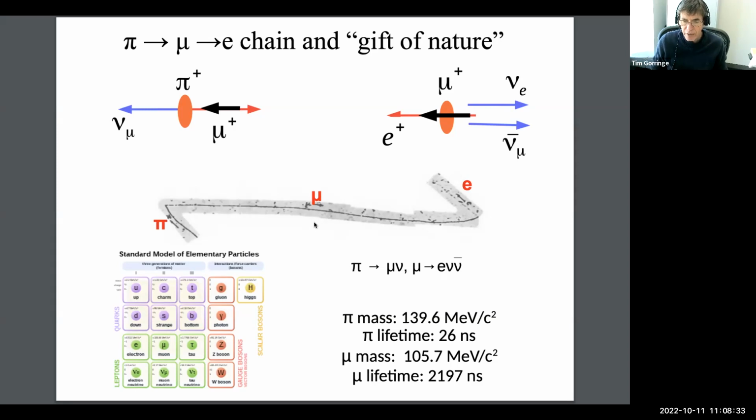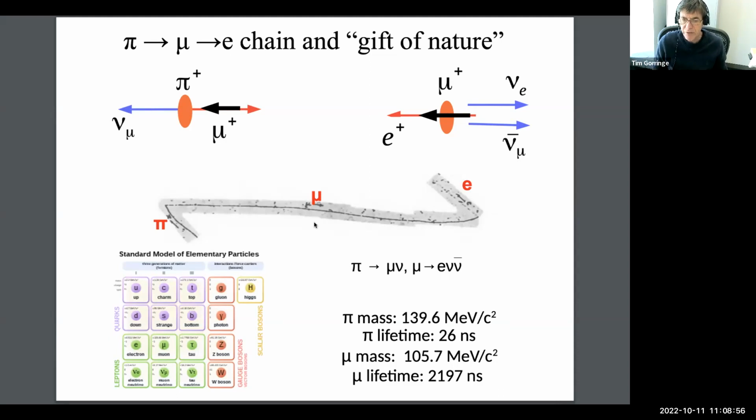In this radioactive decay chain, a pion decays through the weak force into a muon by emitting neutrinos, and the muon itself decays into an electron through a weak decay, emitting neutrinos.